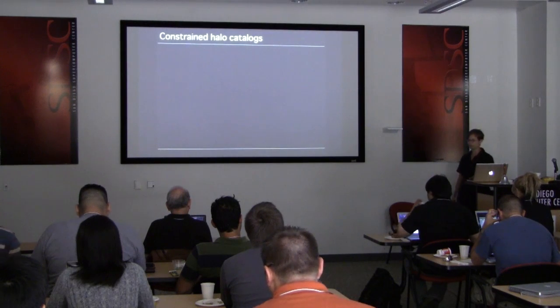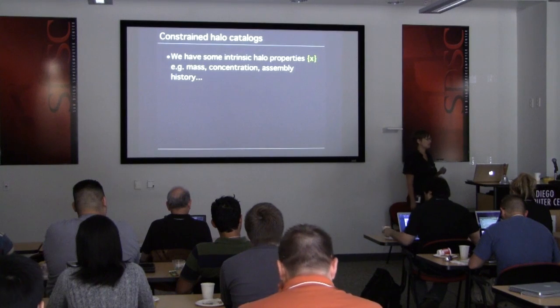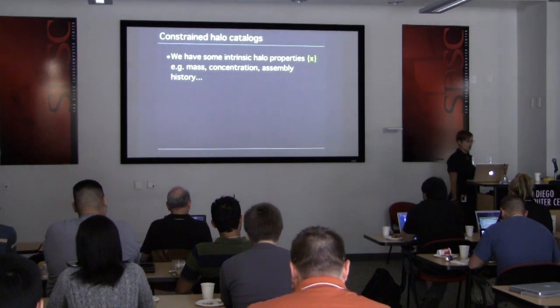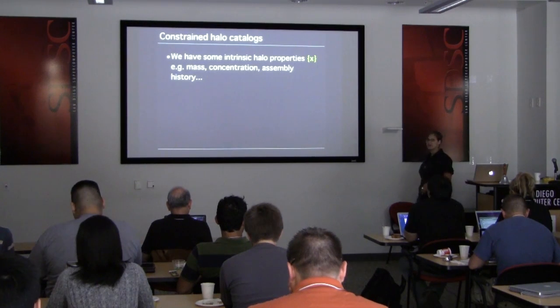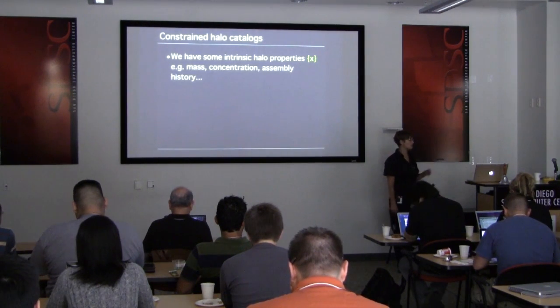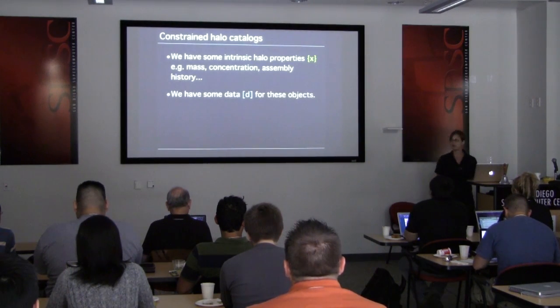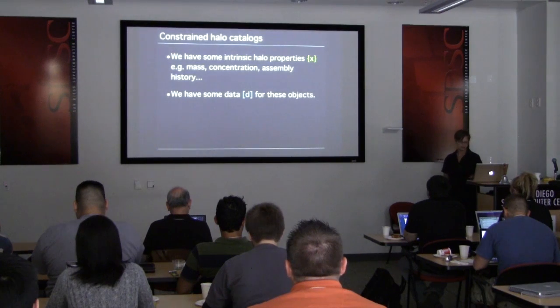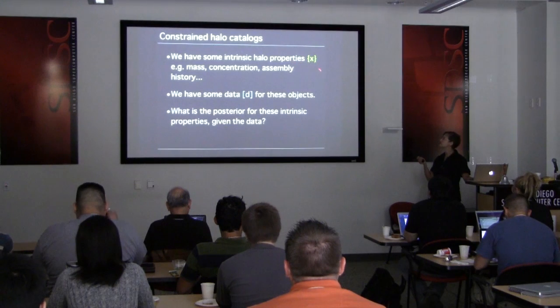Okay, so we want to take these halo catalogs. We've got some intrinsic properties of our halos. Call that X. That might include the mass of the halo, the concentration, the assembly history, whatever other properties of the halo you might be interested in. You have some data for the objects. And you're interested in what is the posterior for these intrinsic properties given the data.